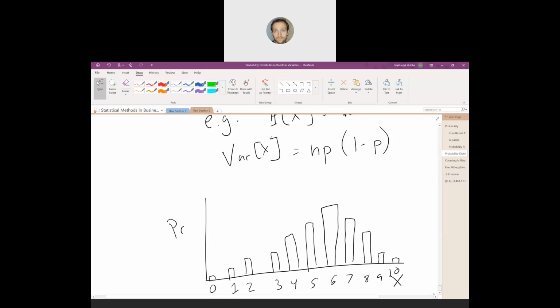Is there a piece over 2.5? No, there is not. You have to be the number 2, or you can be the number 3. That's the difference between a continuous and a discrete probability. I'll talk about that more in a minute.